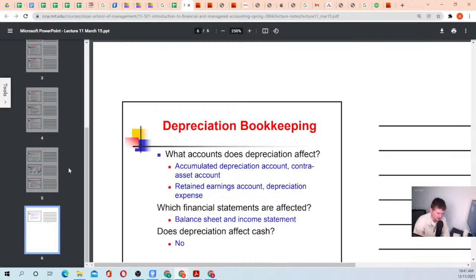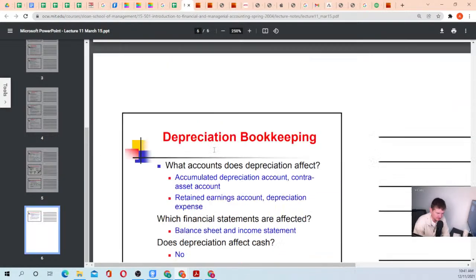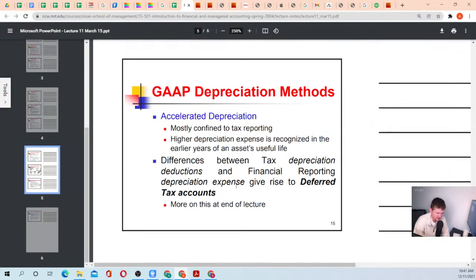So deferred taxes is something that exists. As you might know, there are differences between GAAP profit, accounting profit, and tax profit, and you are taxed on the tax profit.